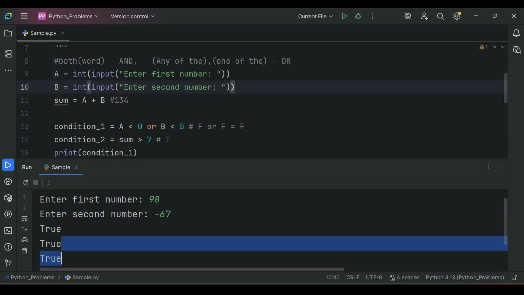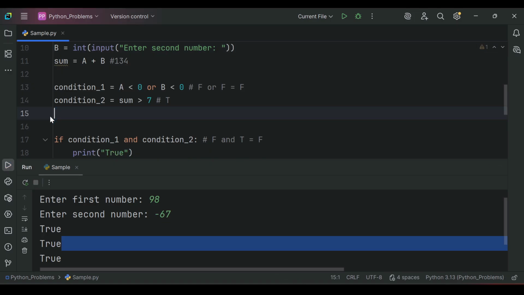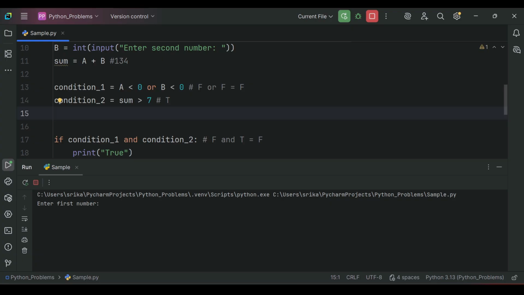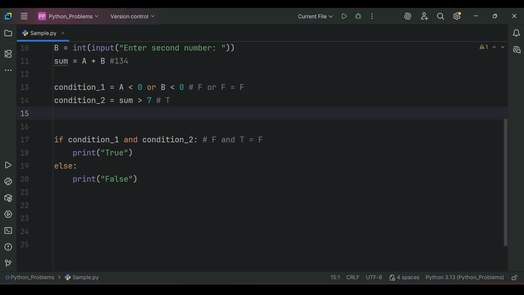True and true is always true. Then the final output is true. See, 98 and 67, the final output is true. That's it friends. I hope you understand this problem.